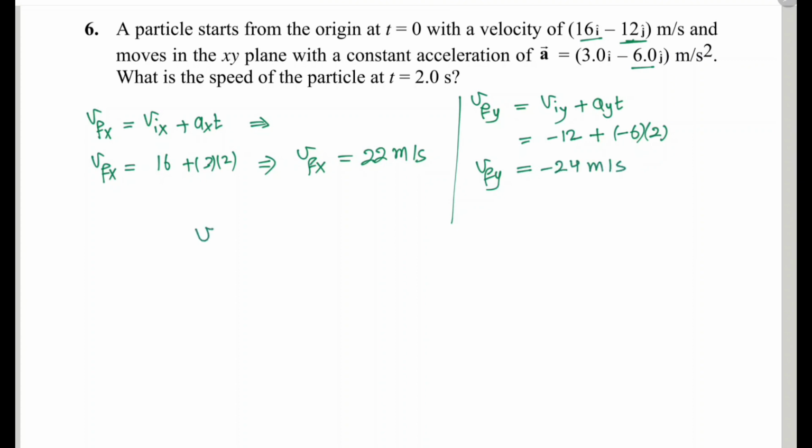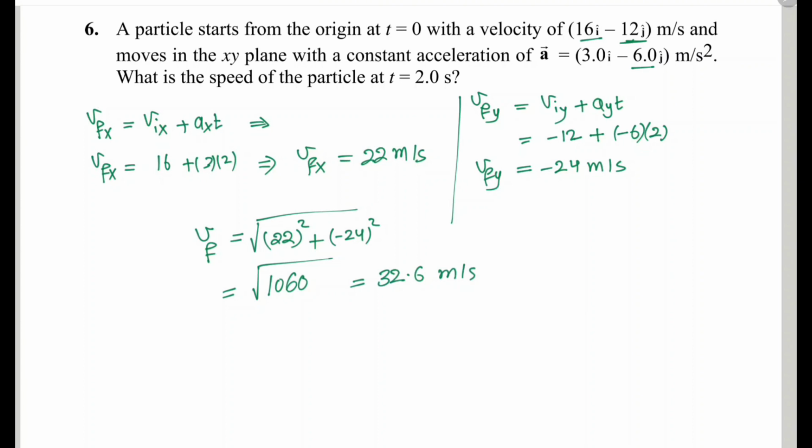Now the speed equals the square root of 22 squared plus minus 24 squared, which equals 32.6 meters per second.